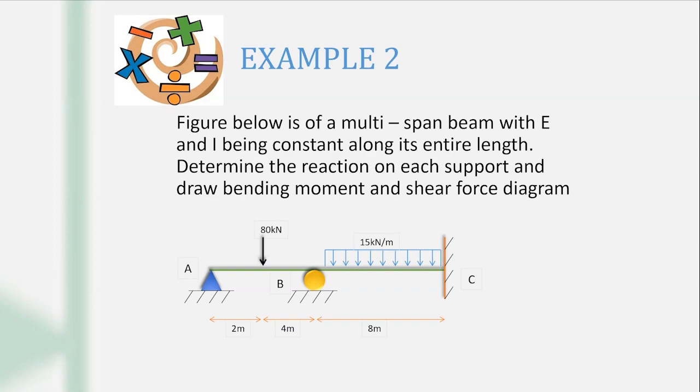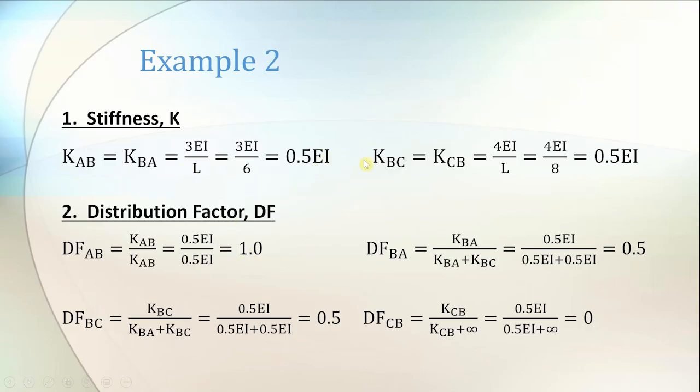The figure given here, so you're going to draw the SFD and BMD based on this figure using the statically indeterminate method. From the figure, we're going to find the stiffness factor for each beam.